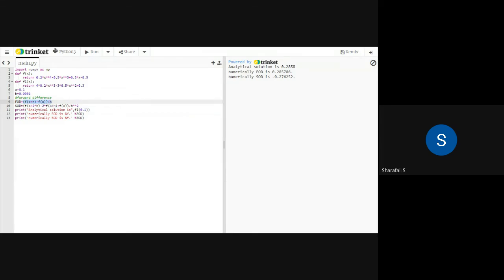You can use those equations and calculate the corresponding differentiation value. For the central difference method, it will be much more accurate, and the error will be very small. So that's all about the finite difference method for numerical differentiation.